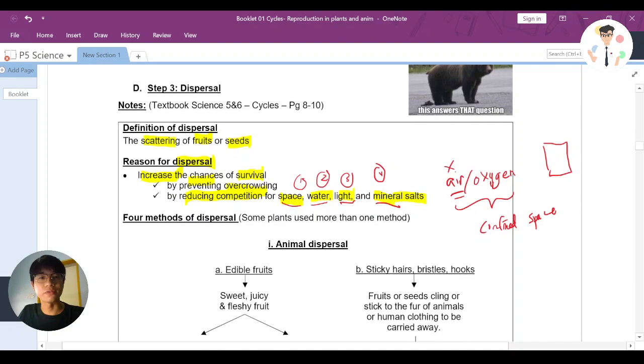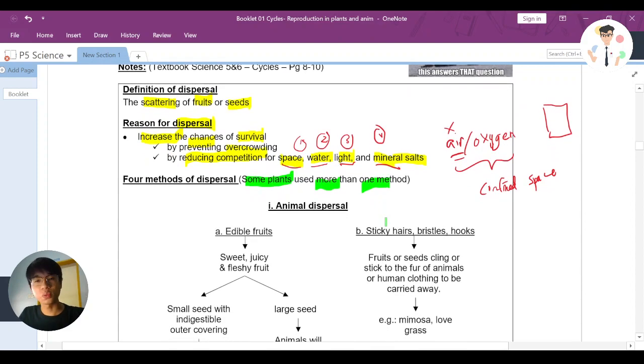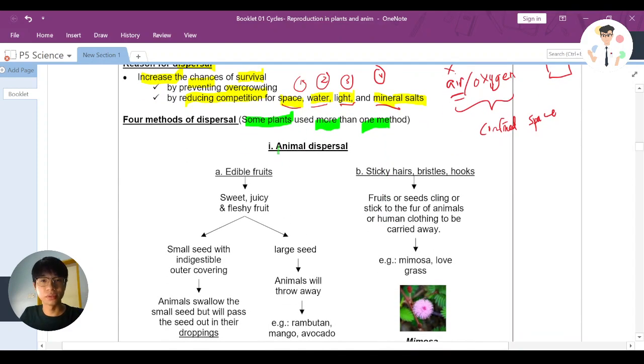So let's look at the 4 methods of dispersal. Just take note of something very important: some plants use more than one method. Now let's focus on our first one, which is animal dispersal.